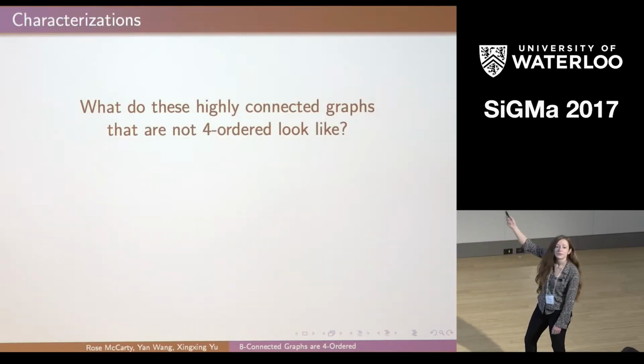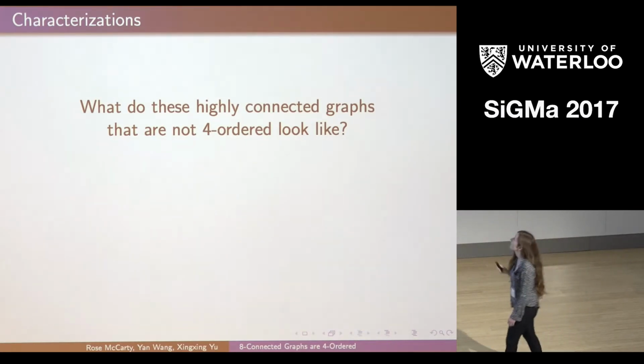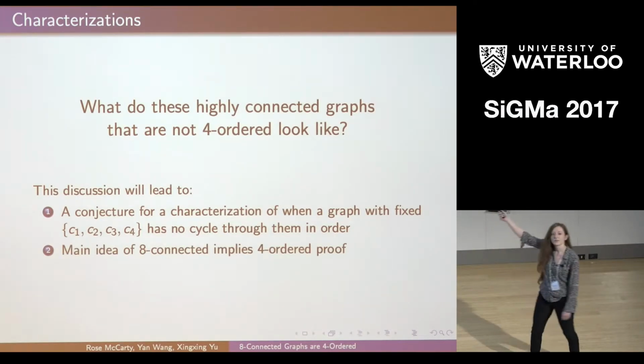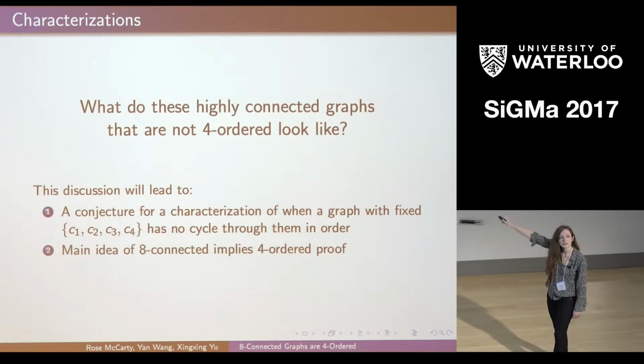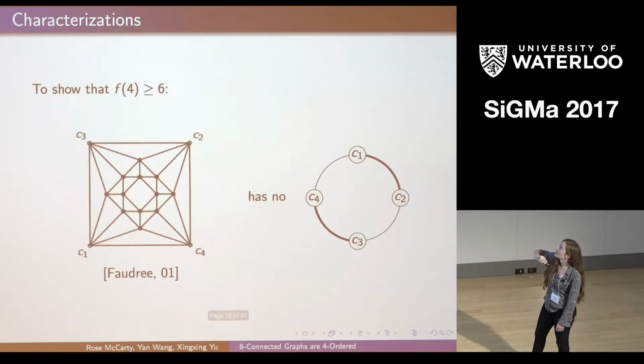So that's the question that we're going to be looking at next. What do these highly connected graphs that aren't 4-ordered look like? This is going to lead us to a conjecture for an actual characterization, and then the main idea for our proof. This is the graph that Faudree uses that isn't 4-ordered.